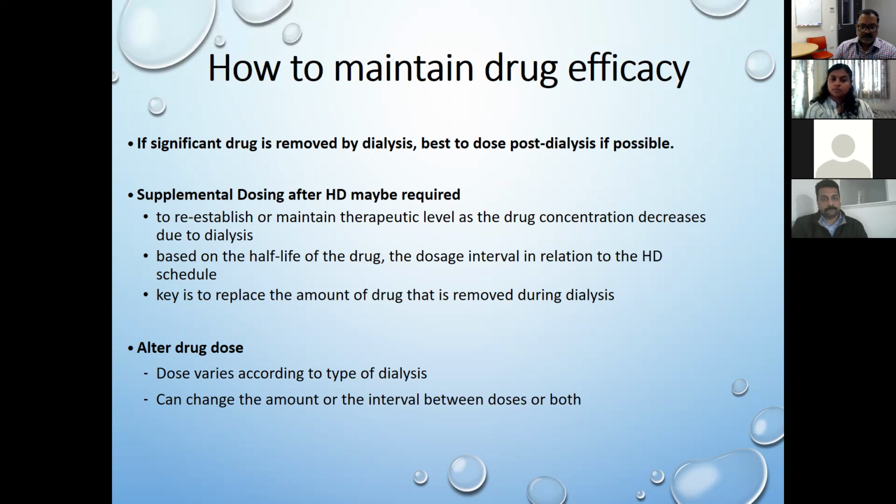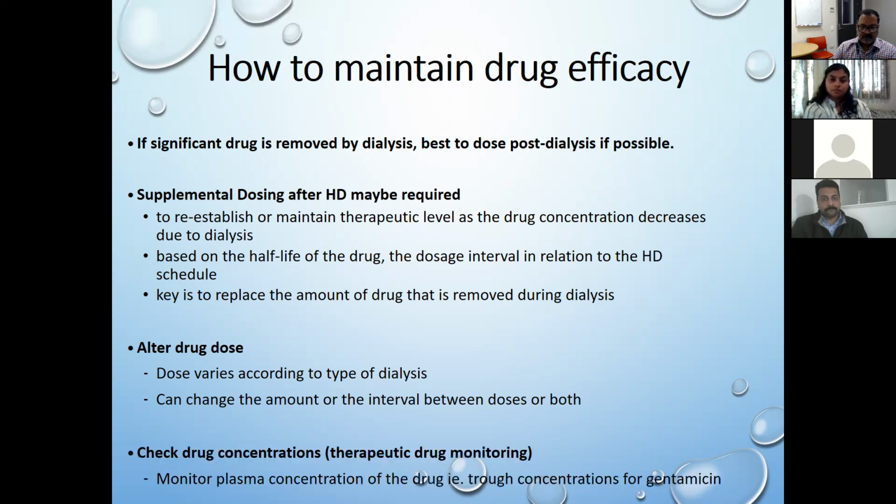Now, altering drug dose: sometimes dose varies according to the type of dialysis and can change the amount or interval between doses as well, or both. It's actually interesting that with some of the continuous replacement therapies, you actually have to increase the dose because you might get higher clearance than in a person that has normal renal function. Check drug concentrations.